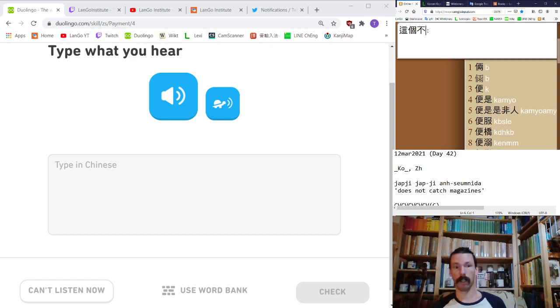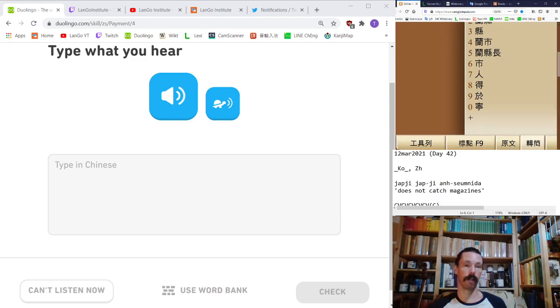Okay, there it is. 便宜 is predicted. This is not cheap, and we gotta simplify.